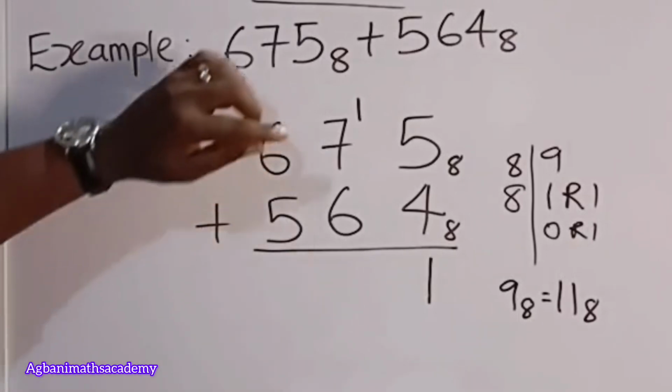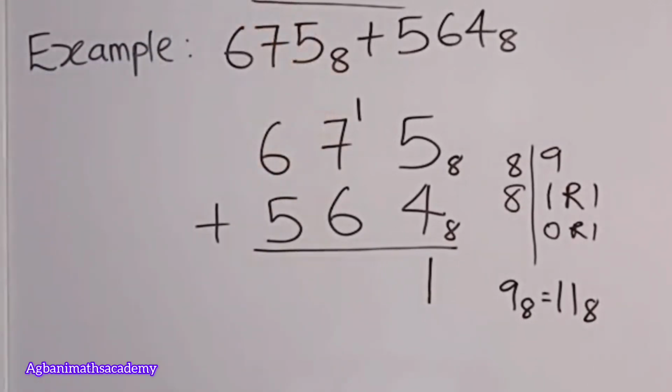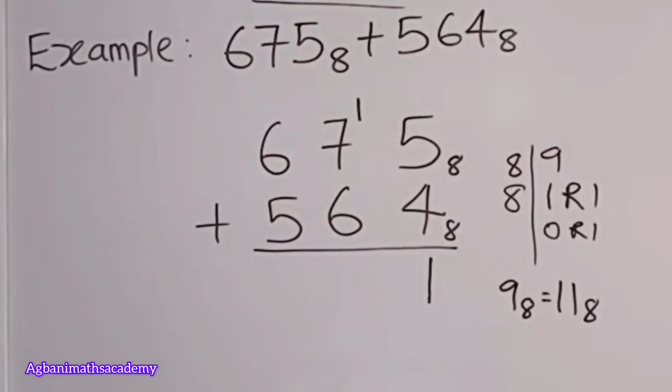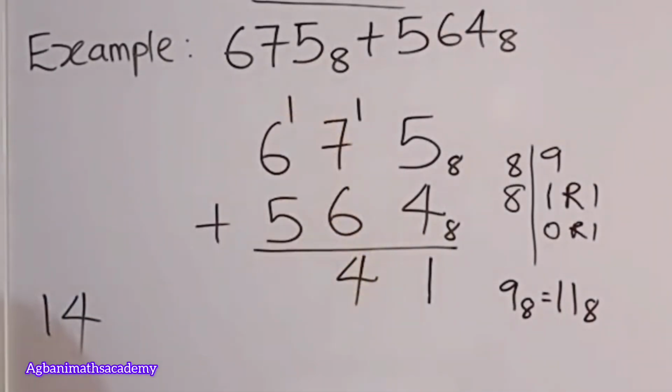So next, we have 1 plus 7 gives us 8. 8 plus 6 gives us 14. So now, this is where the trick is. Since we have 14, can we just write 4 and bring 1 here?